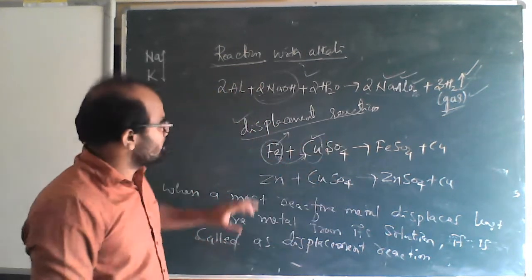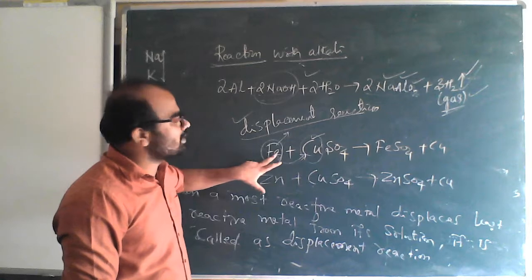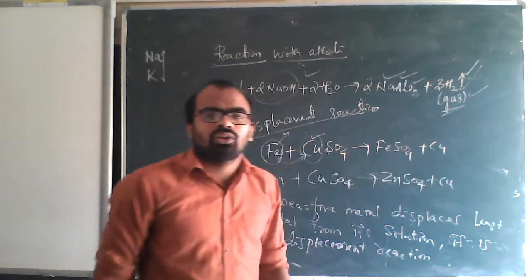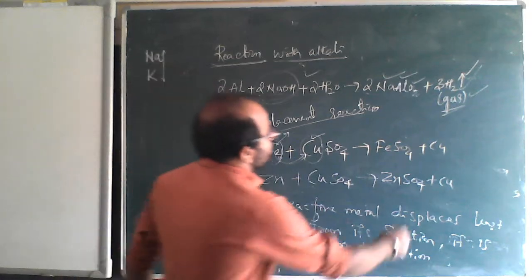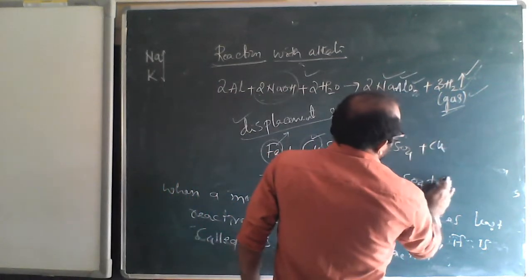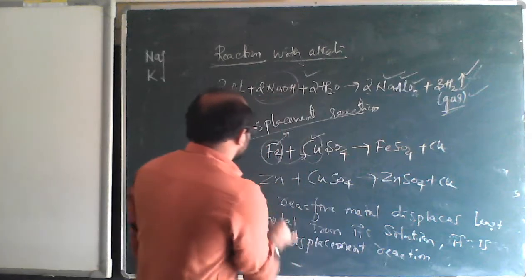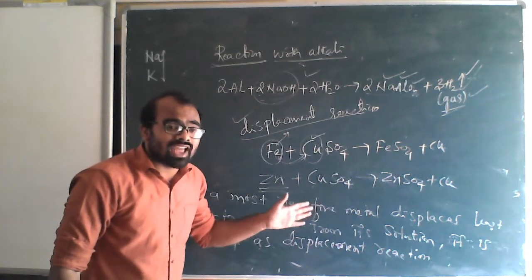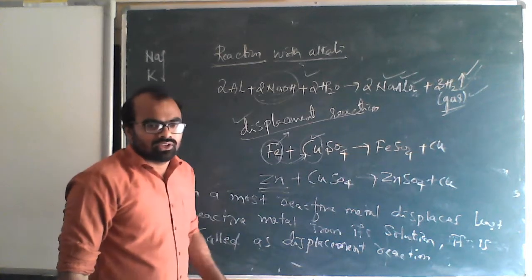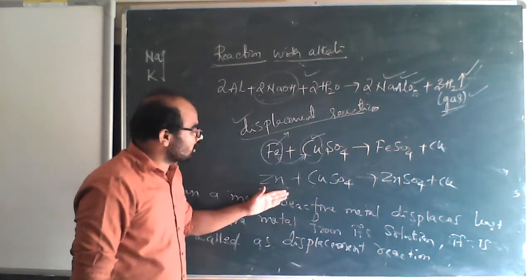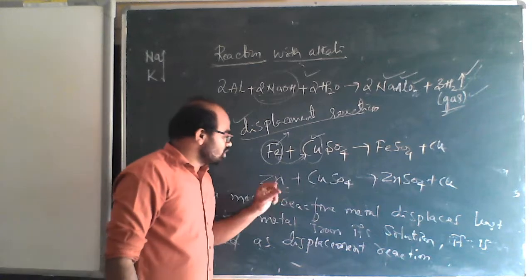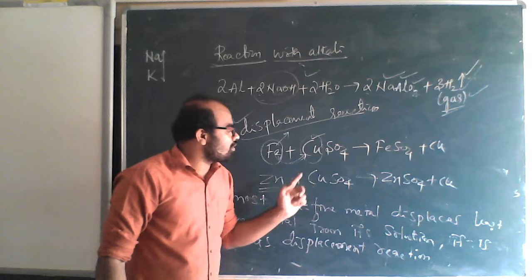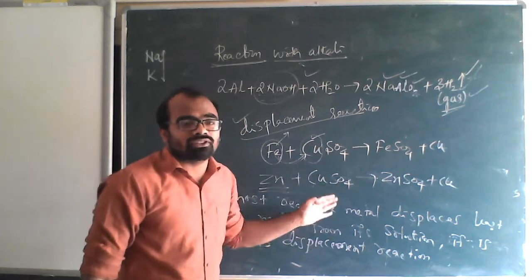So it becomes FeSO4 and Cu, that means copper, is produced. Similarly, zinc is more reactive than copper, so zinc also displaces copper from its solution, copper sulfate.